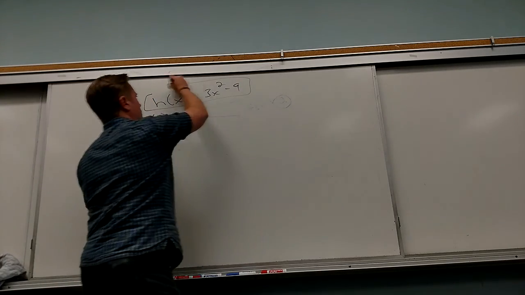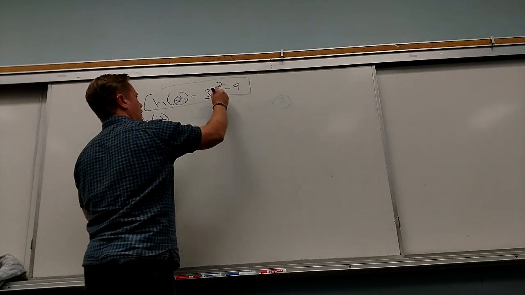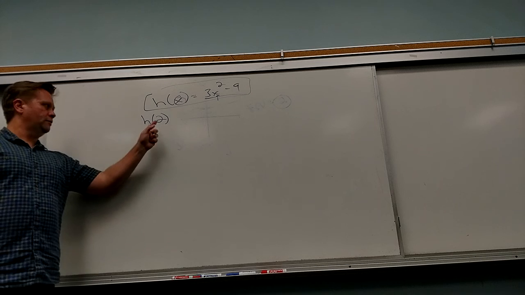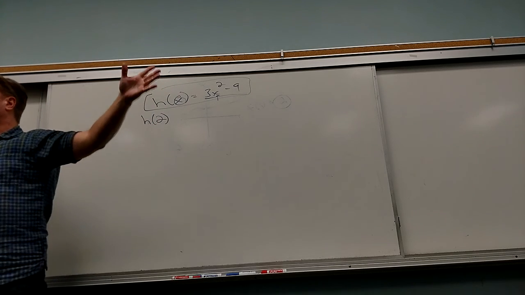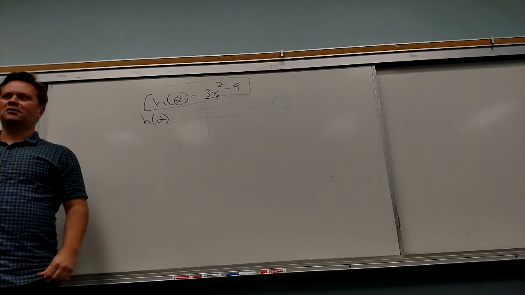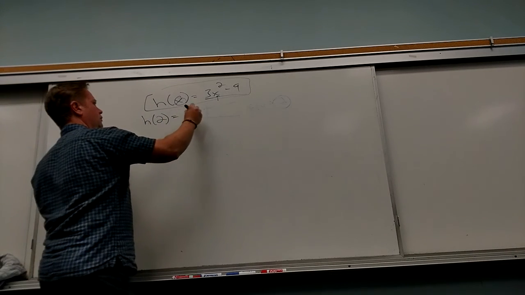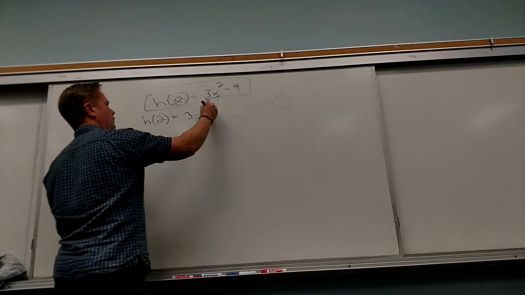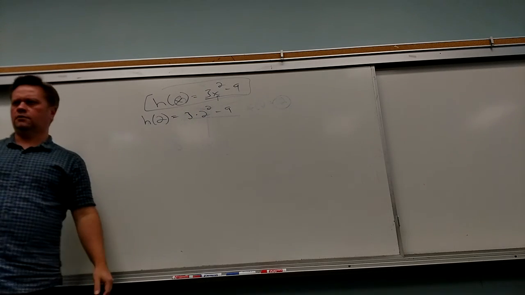This rule says, what do I do to x? I do this stuff to it. Let me put a 2 in there. This is what h does to something. So then 3 times 2 squared minus 9.